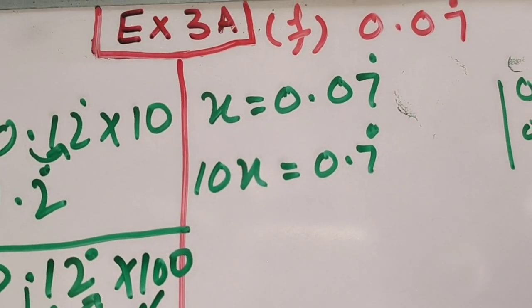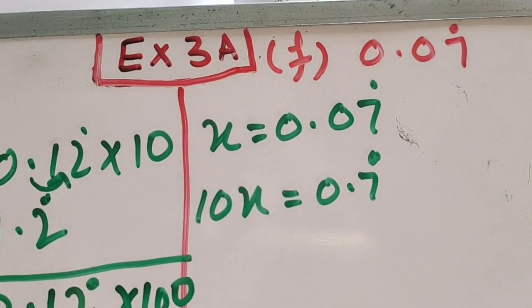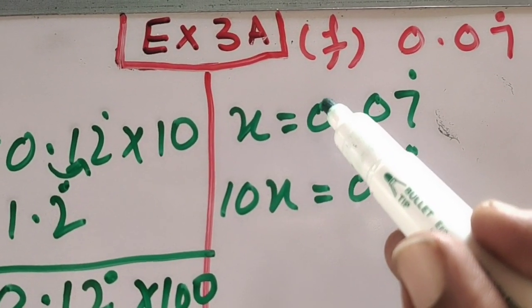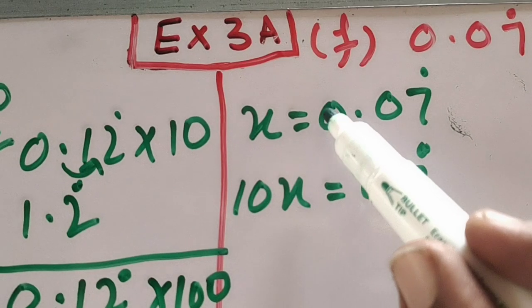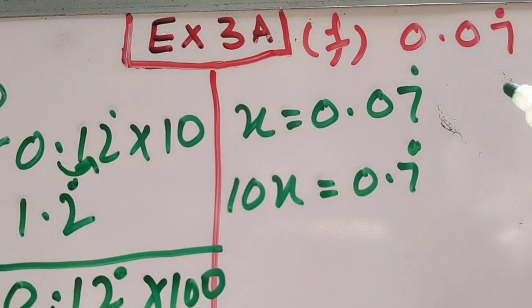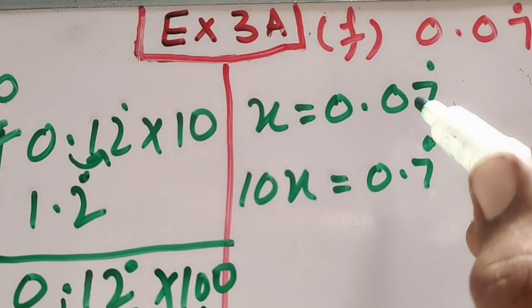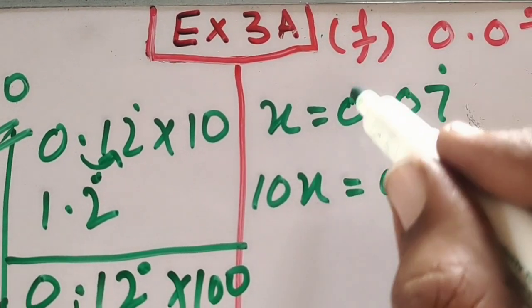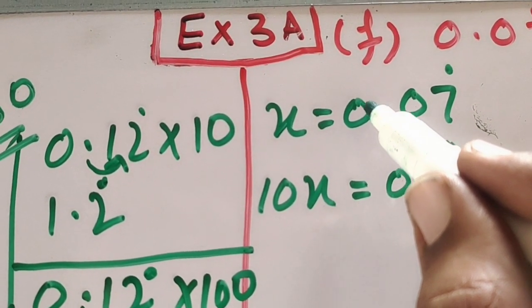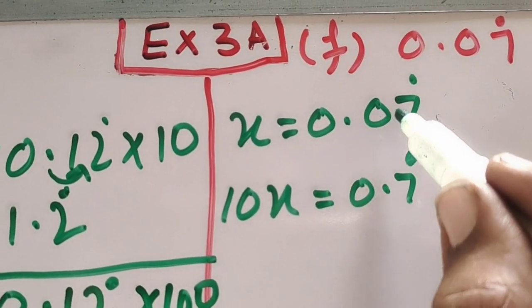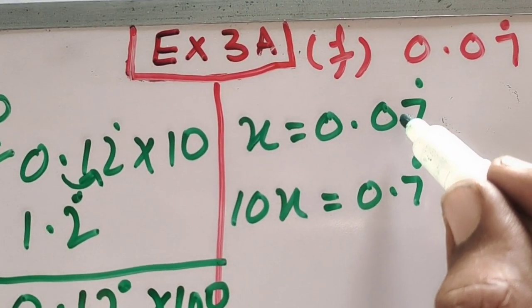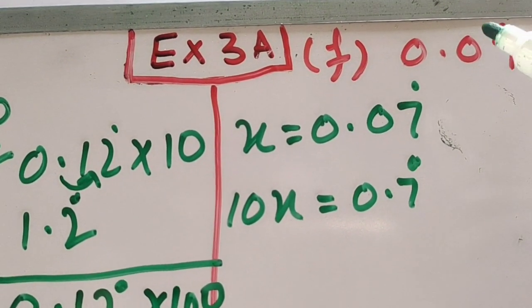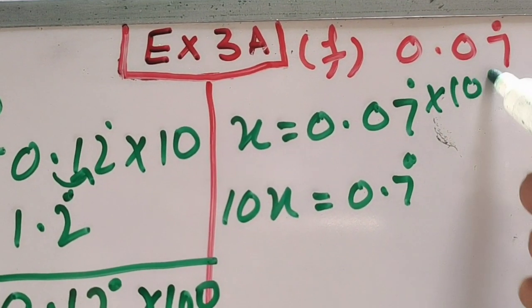Now again we are doing the same thing, because now we are going to move the repeating number to the left into the whole numbers. So x is equal to 0.07 dot, and we need to multiply by a multiple of 10 so that the repeating part becomes whole. For this we need to multiply by 100, because there are two digits. We need to move the decimal 2 positions to the right. Two positions mean 2 zeros, so we'll multiply with 100.